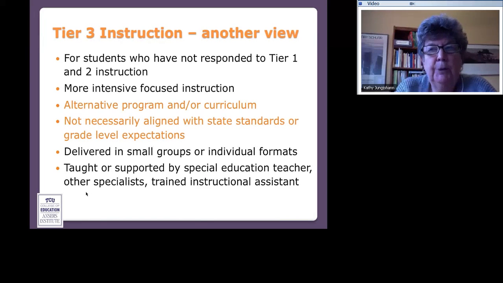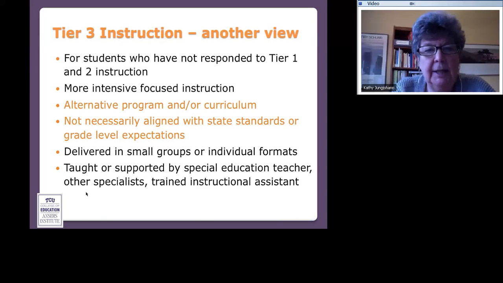Now there's another view of Tier 3 instruction, and these are for students who have not responded to Tier 1 or Tier 2 instruction and need more intensive focused instruction. And maybe the more intensive focused instruction that these students need is an alternative program or alternative curriculum. And if students are well behind their peers, they may not necessarily be engaging in curriculum that is aligned with state standards or grade level expectations.